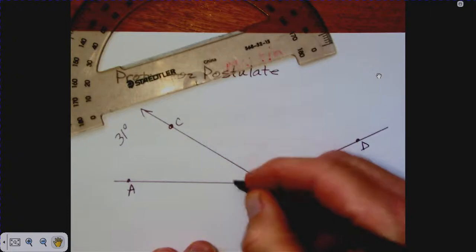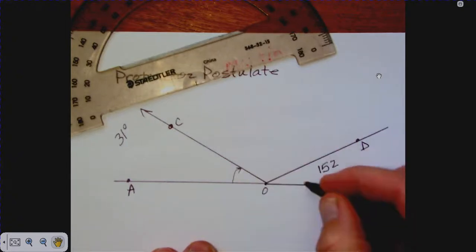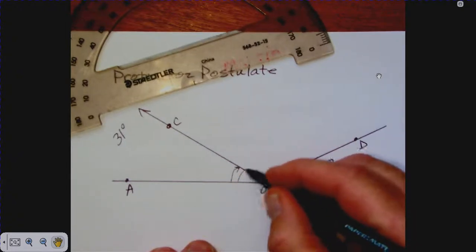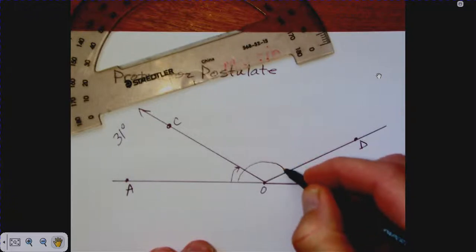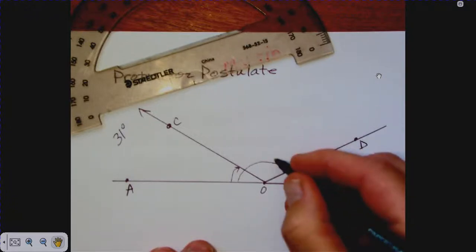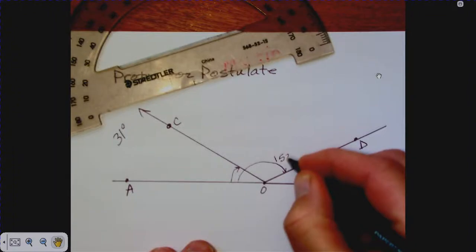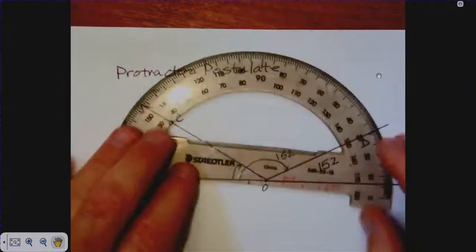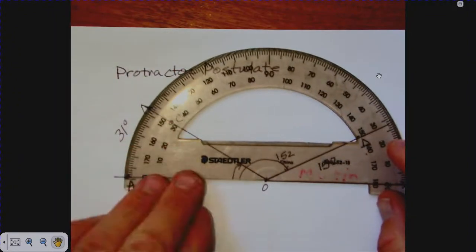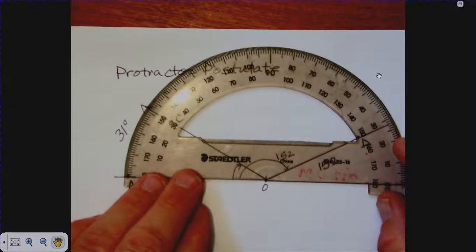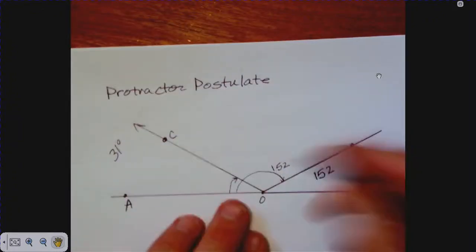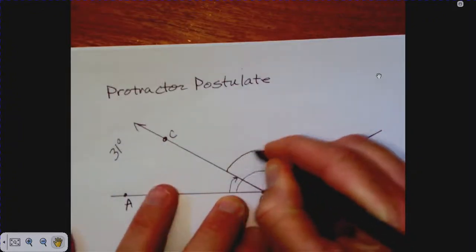Okay, so this angle is 31 degrees. This angle all the way over here is 152 degrees, I said. Correct? 152 degrees.